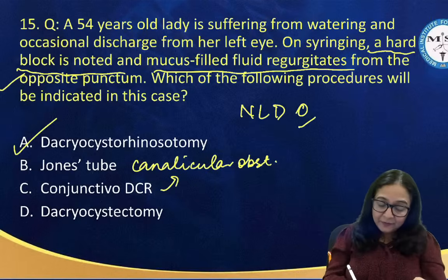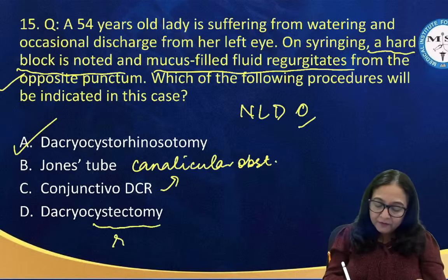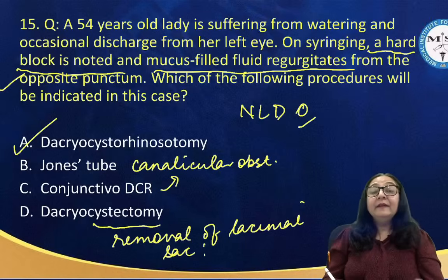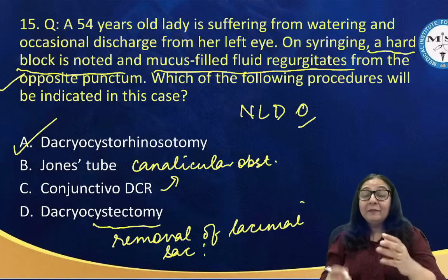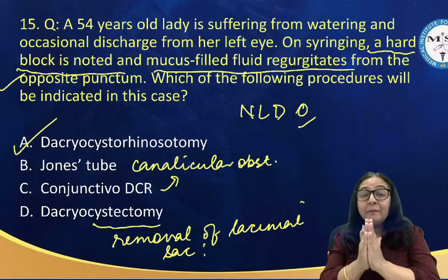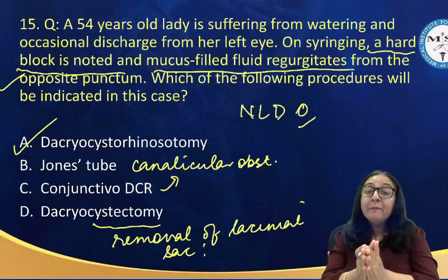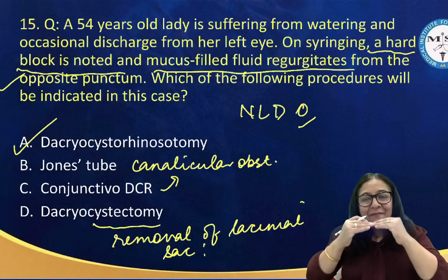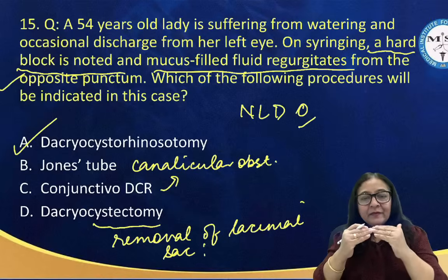Dacryocystectomy. Cystectomy means removal of the lacrimal sac. So dacryocystectomy is done when there is atony of the lacrimal sac. It's a physiological pump failure or physiological obstruction, where there is no mechanical or anatomical obstruction.